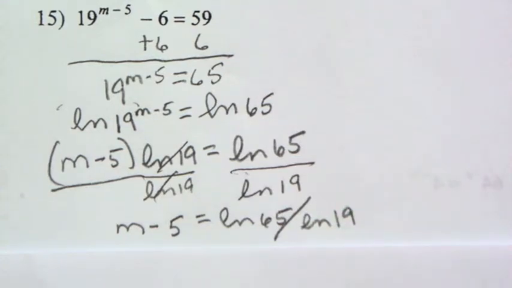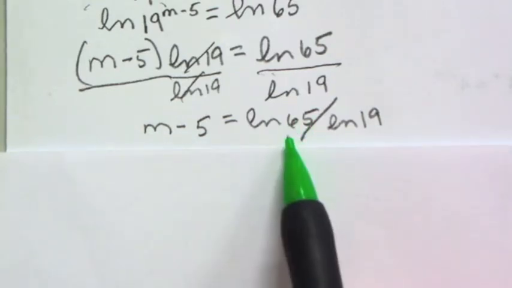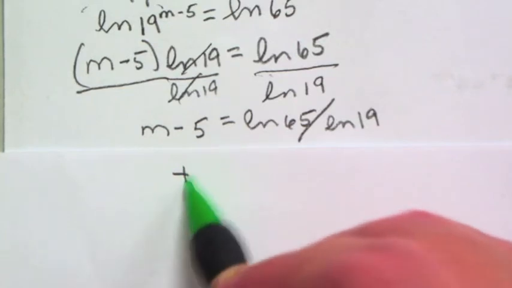Now, what does that mean? All right, well, these can be put in your calculator, but I'm not ready to do that quite yet. I still want to isolate my variable. So what I'm going to do is add 5 to both sides.